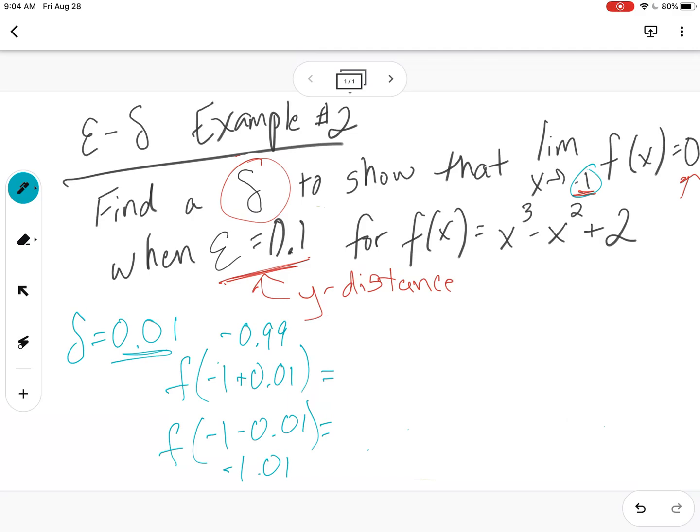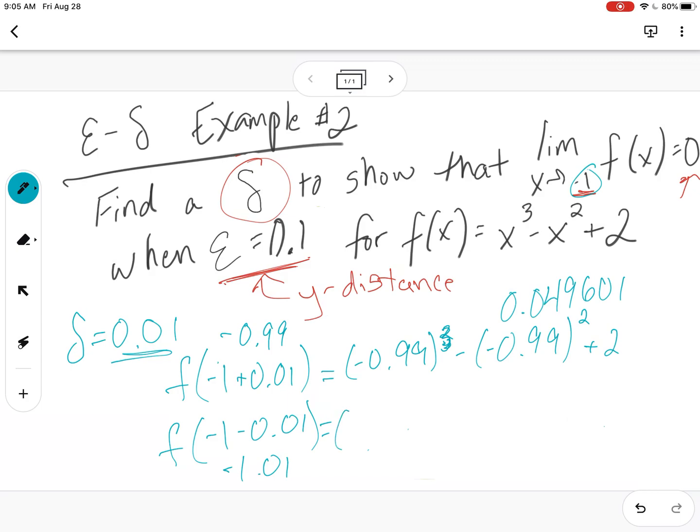So the first one I'm going to plug in is negative 0.99. So I'm going to do negative 0.99 squared, or excuse me, cubed, minus negative 0.99 squared plus 2. Let me go ahead and type that in. And I got 0.049601. And now I'm going to plug in the other one, negative 1.01.